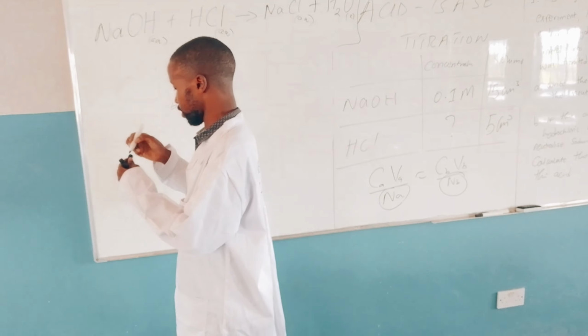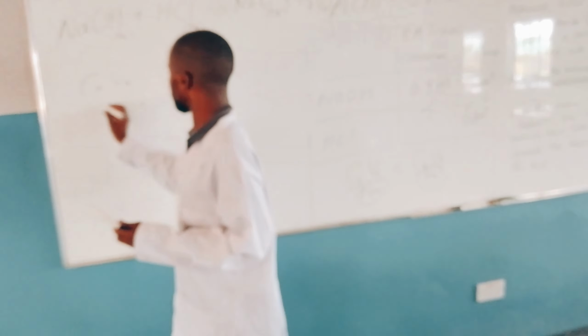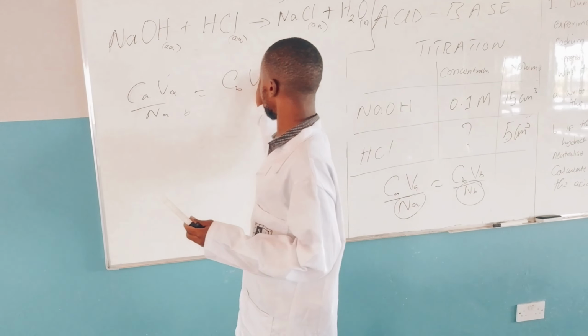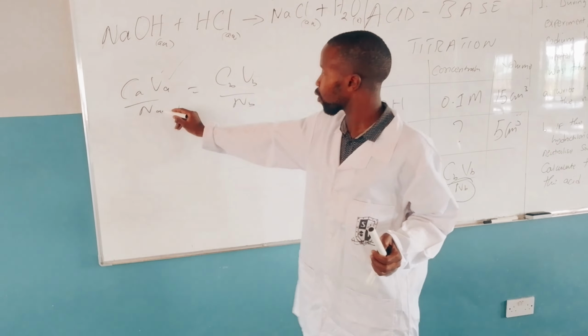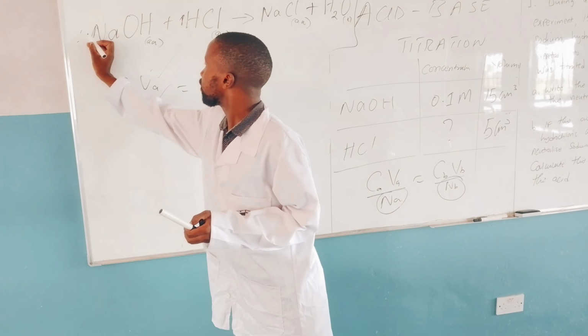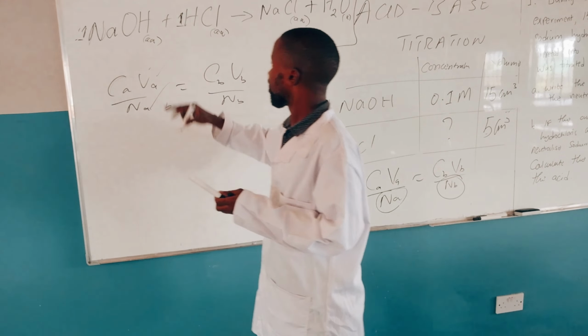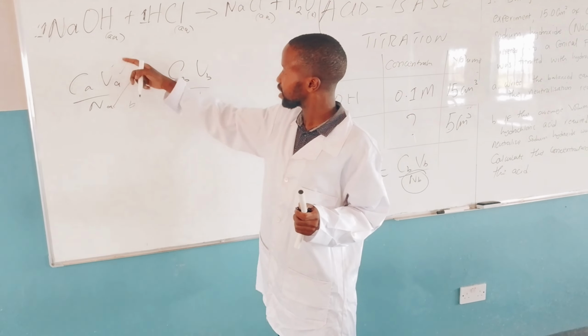Our formula: CA VA over NA is equal to CB VB over NB. We know the volume of the acid, and the number of moles of the acid in the balanced equation is 1.